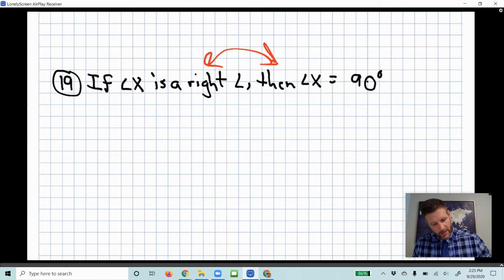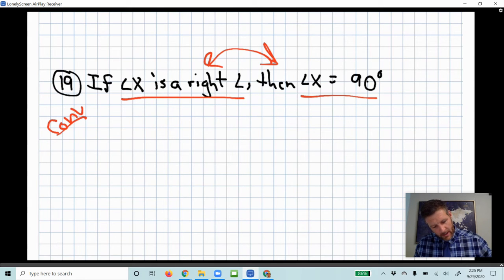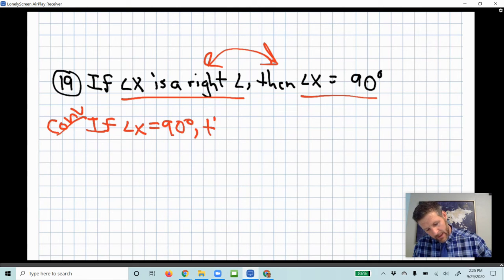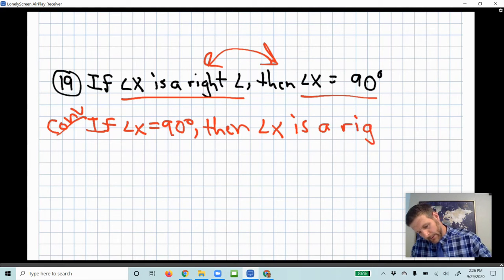Here, X is a right angle is my hypothesis, and the conclusion is angle X equals 90 degrees. So for the converse, we can write, if angle X equals 90 degrees, then angle X is a right angle.